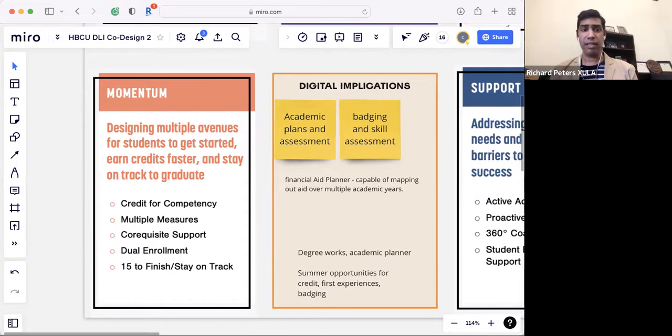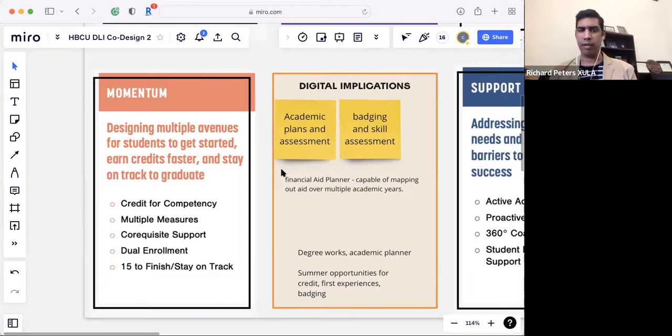I also wanted to piggyback a little bit. I know we finished talking about structure, but this idea of identifying best pathways and looking for ways to customize that more to students' needs is critical. And in terms of our momentum, helping to create these types of plans will also assist us in doing so.